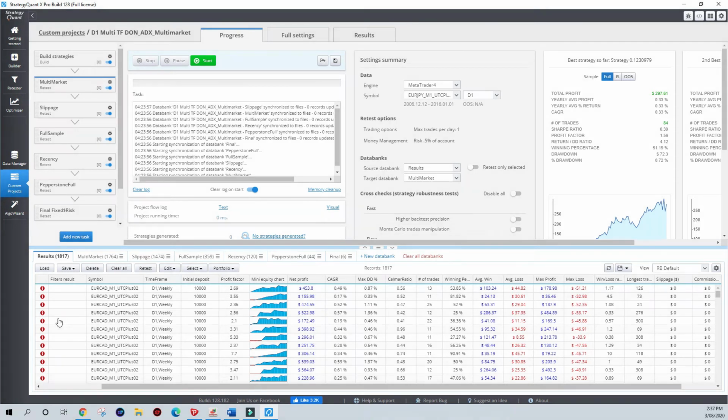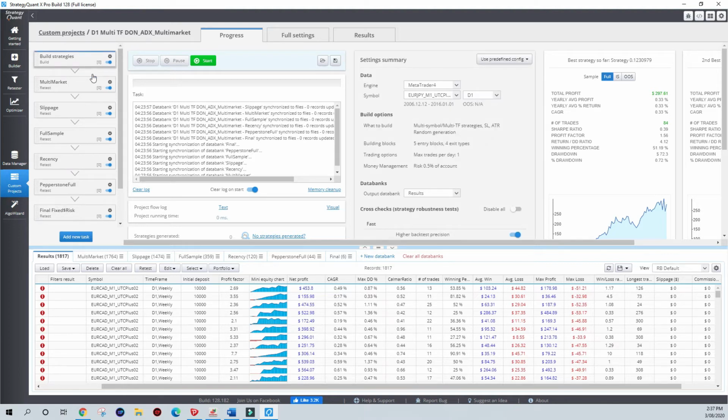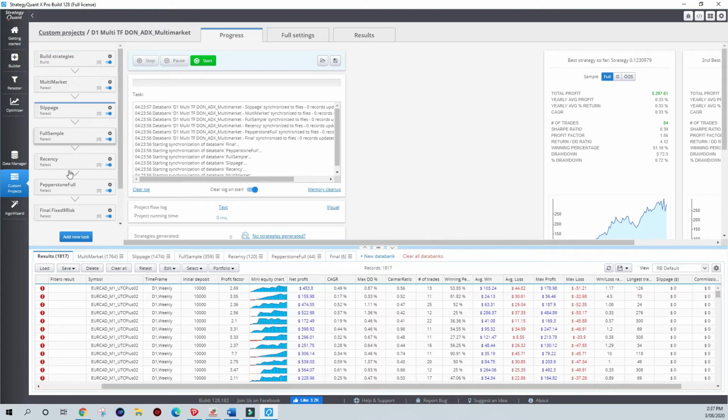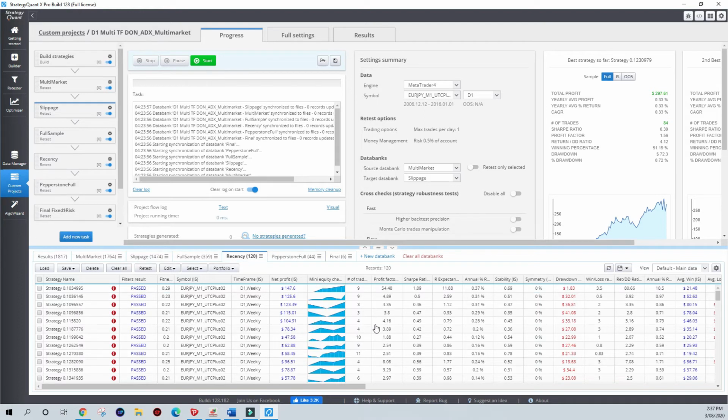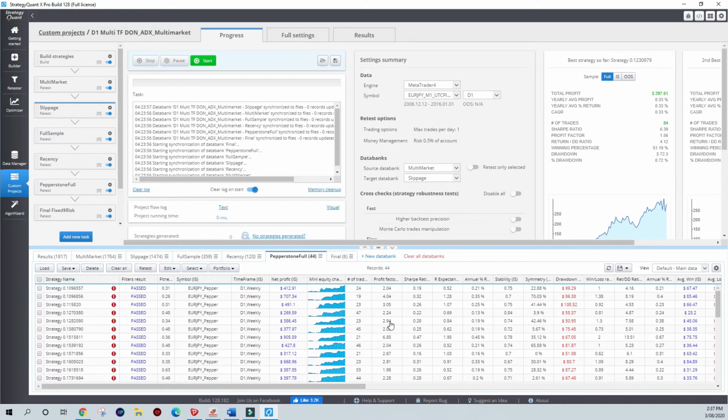Now, the results tab, which is what we're looking at now, is just the first build stage of the process relating to this section here. As we step through the sequence of workflow tasks, the databanks relating to those particular individual tasks show how the sample size of the collection progressively gets narrower and narrower from 1817, 1764, 1474 down to 120, down to 44 and so on.